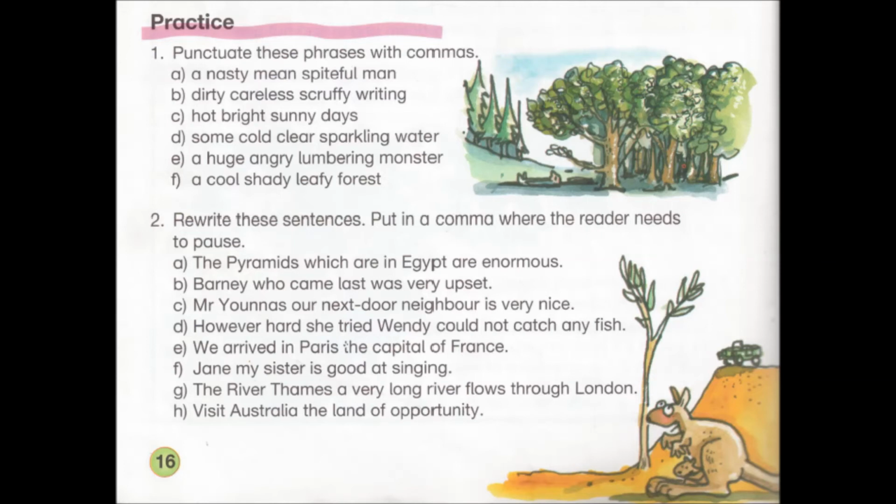So there you have the pyramids, which are in Egypt, are enormous. It could just say the pyramids are enormous. So you now have to work out where to put these commas.